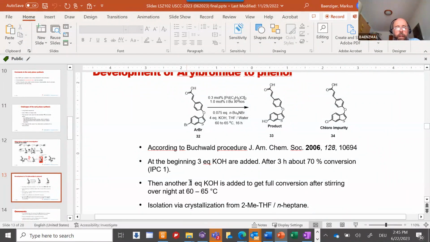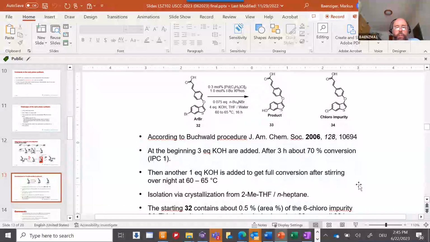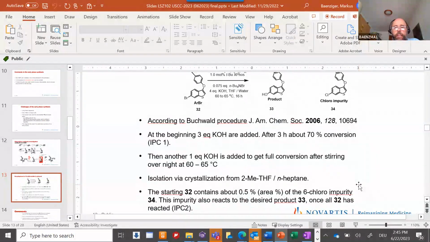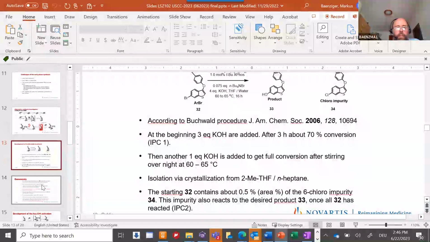Then another 1 equivalent potassium hydroxide was added, and the stirring was continued overnight at 60 to 65 degrees. And then we had full conversion. The isolation was done from 2-methyl THF and heptane by crystallization. We also had a chloro impurity on this position, a chloro instead of the bromo. This was also originating from the Higa cyclization, but this also converted to the desired product. So that was not an issue.